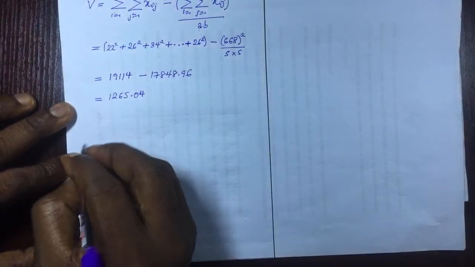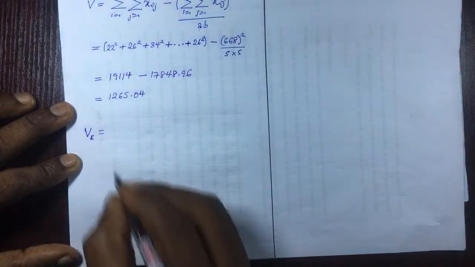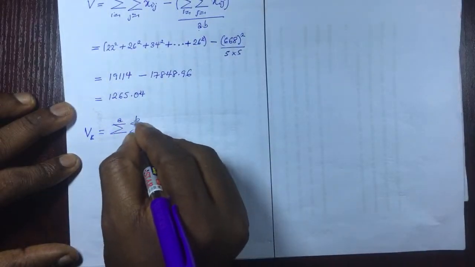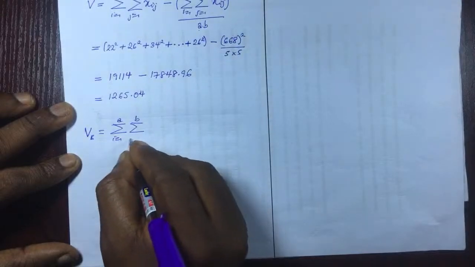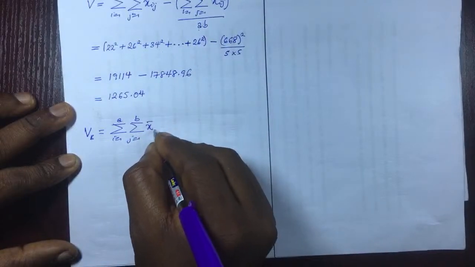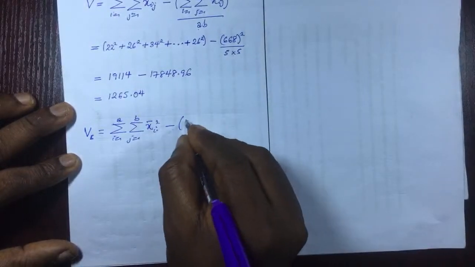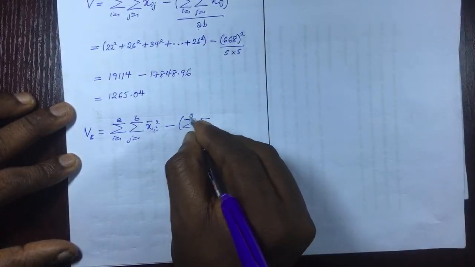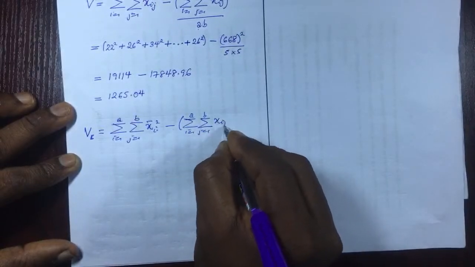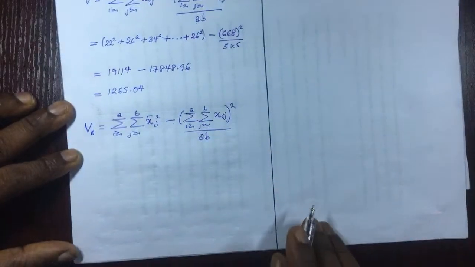Now, moving on to VB, for the variation between treatments, the formula we had was the double summation from I equals 1, J equals 1 to B, the number of levels. Remember, this is a one-way balanced problem for the Anova, and this will now give you the double summation from I equals 1, J equals 1 to B of xij all squared divided by AB. Take note, this is your correction factor.